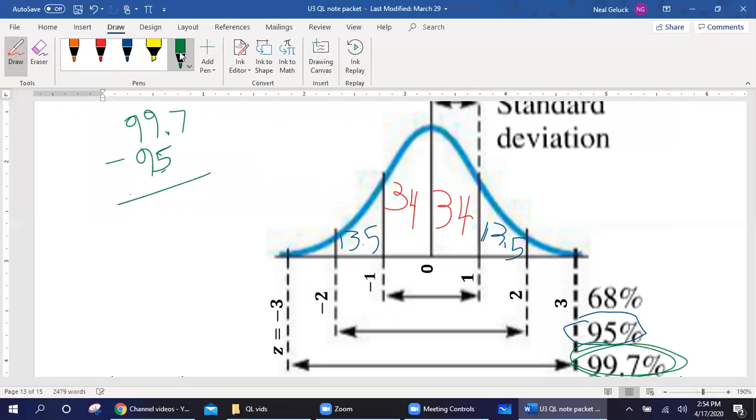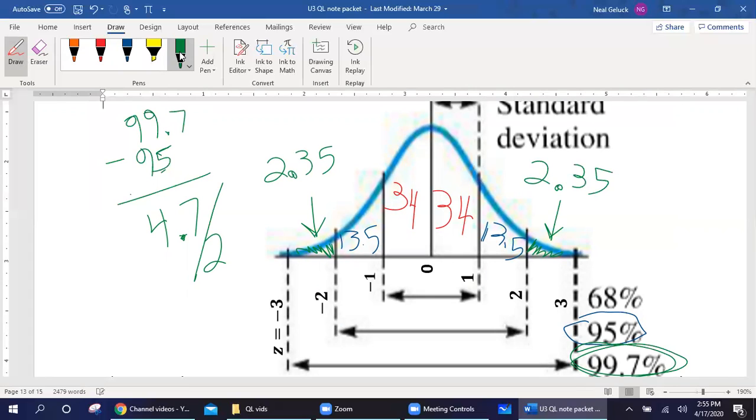If I subtract those off from each other, that gives me, let's see, that's going to be 4.7. So what am I saying? I'm saying this little bit over here and this little bit over here add up to 4.7. If I want to know each one individually, I divide that by 2. That's going to make this tiny little sliver and this tiny little sliver each 2.35%. And I'm not writing the percentage symbols on these just because I don't have room.